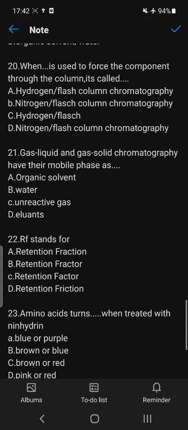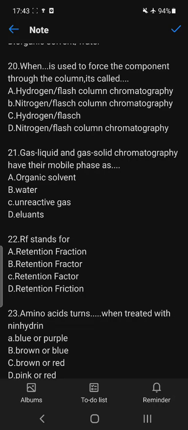Number 20. When dash is used to force the component through the column, it is called flash column chromatography. Please, when nitrogen is used to force the compound through the column, it is called flash column chromatography. Which of the options carries that?